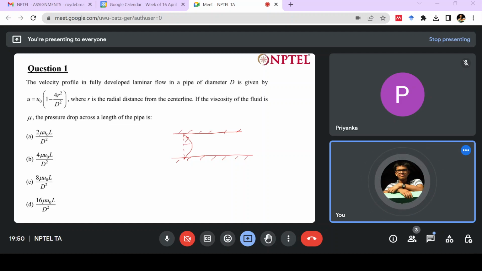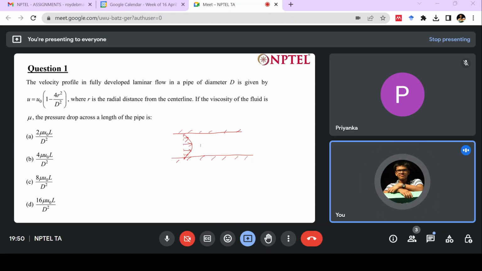When the velocity profile looks like this, there are velocity gradients present, so viscous forces will be there, which will try to slow down the flow field. To maintain this particular flow field, we will need to keep applying a particular pressure. So a pressure drop is applied, and the velocity profile attains a steady state condition on this pressure drop.